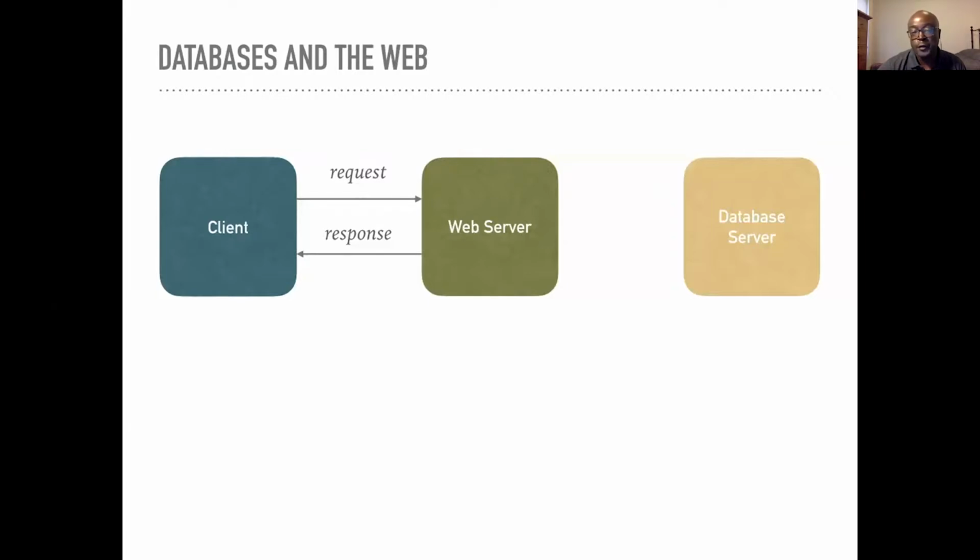The database server will store our data. So when the request comes in, the web server will send a query to the database, and the database will perform some operation, whether it's storing that data or just retrieving the data based on the query. It'll send the data back, and then the response will include the data from the database.